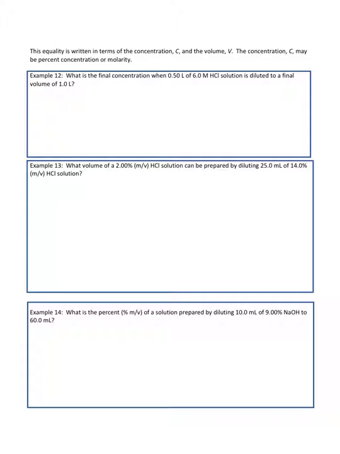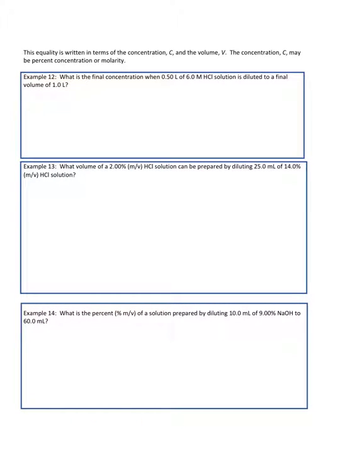And so example 12 says, what is the final concentration when a half a liter, right, units of liters would be a measure of a volume, of 6 molar hydrochloric acid solution, that's a concentration, is diluted to a final volume of 1 liter.